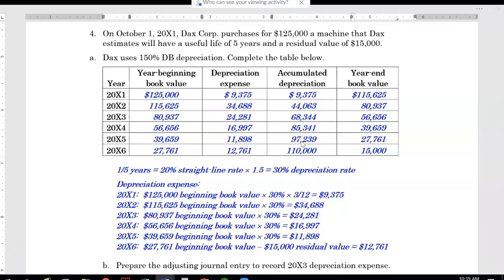Then we add it to 97, it becomes 110. 110 minus 125 will be book value in year 6 at 15,000, and we stop at that moment. Are we good?